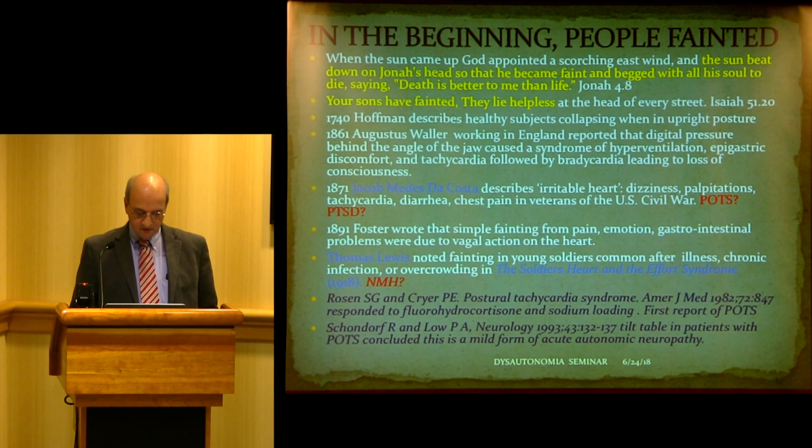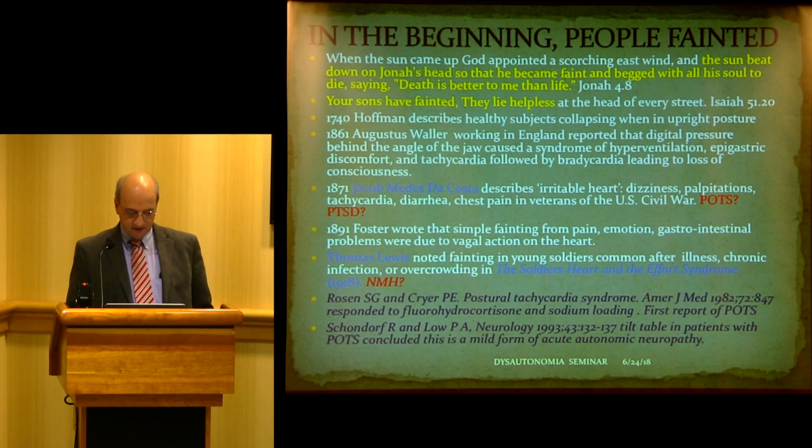The history you can see here in the slide, but the issues that I think are important and informative: in 1871, Dr. DaCosta described irritable heart. These were in Civil War veterans, and they had dizziness, palpitations, tachycardia, diarrhea, chest pain. I mean, everything that you think might be POTS.